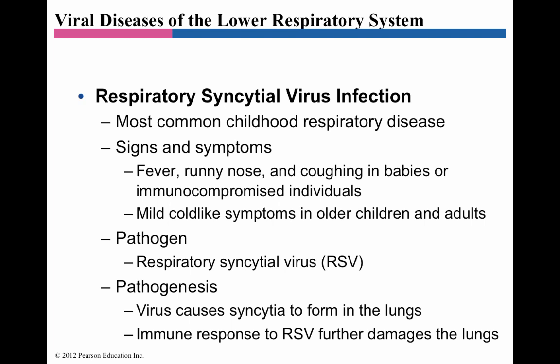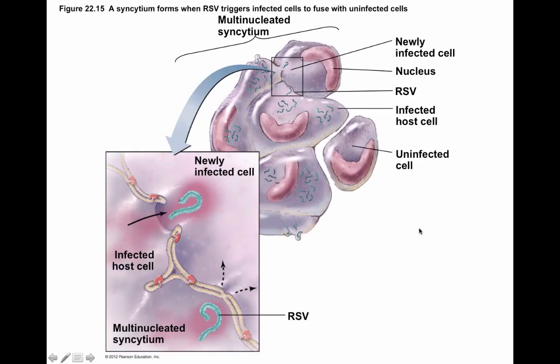As far as pathogenesis, what happens here is really unique. It causes these things called syncytia to form in the lungs. I'm going to show you an image. These are places where infected cells will fuse with uninfected cells.